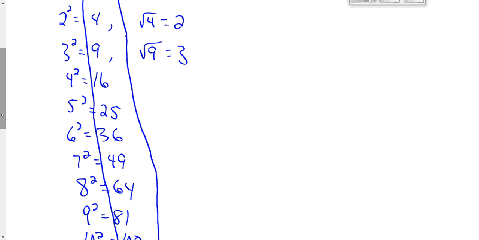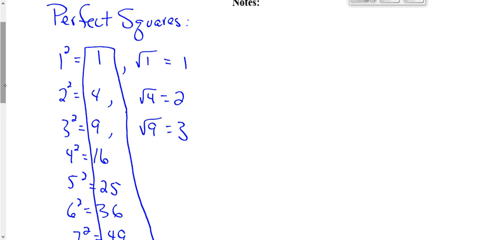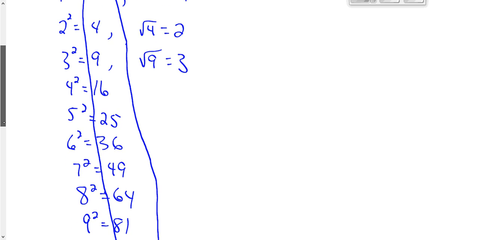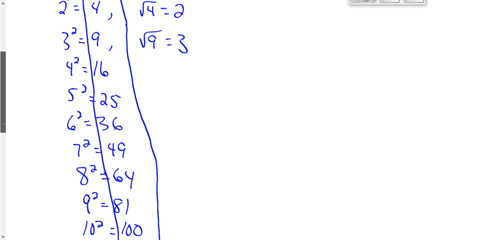So if you saw these numbers in a difference of two things, these are perfect squares. Because what happens when you take the square root of a perfect square? What do you get? A decimal or something? No, a whole number. The result's always a whole number, the thing you squared to get it. So it's a good idea to get these perfect squares in your head.